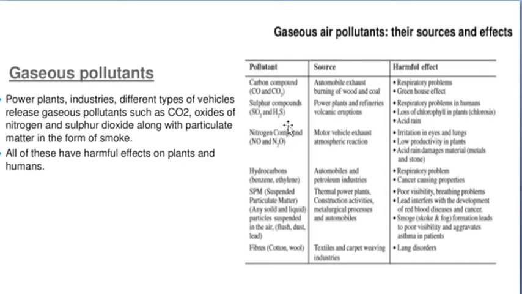Then sulfur compounds like SO2 and H2S are released from power plants, refineries and volcanic eruptions. So they cause respiratory problems in humans and loss of chlorophyll in plants. Okay, then the nitrogen compounds, nitrogen monoxide and N2O.